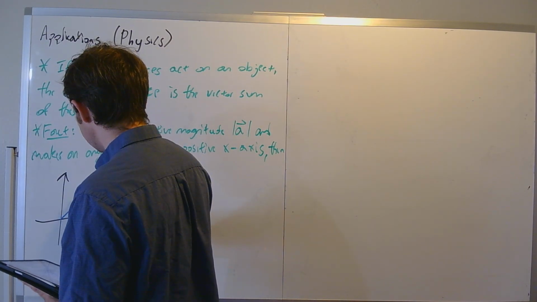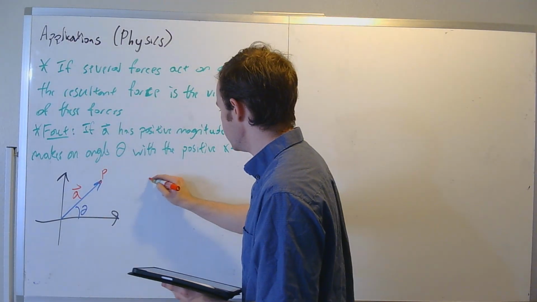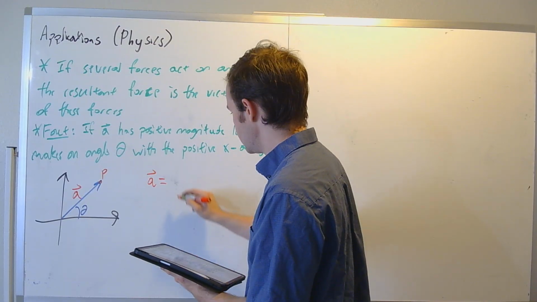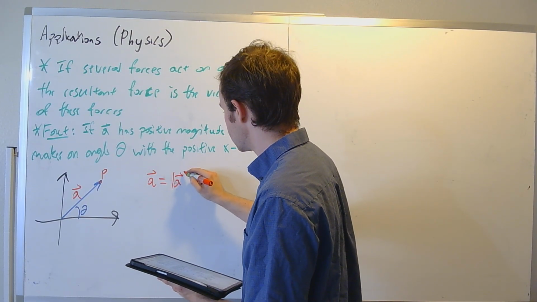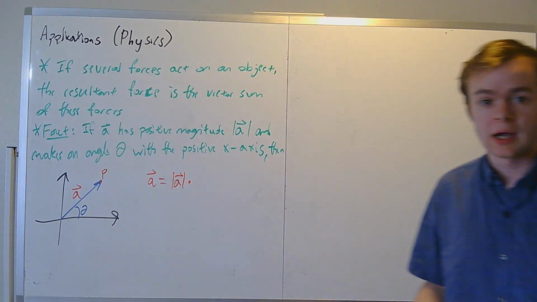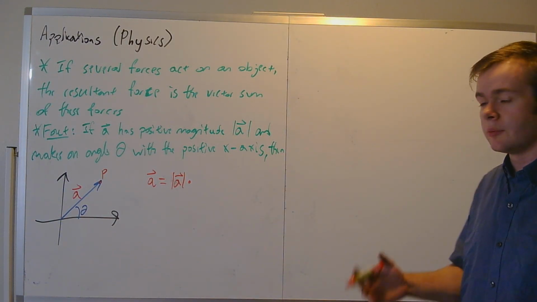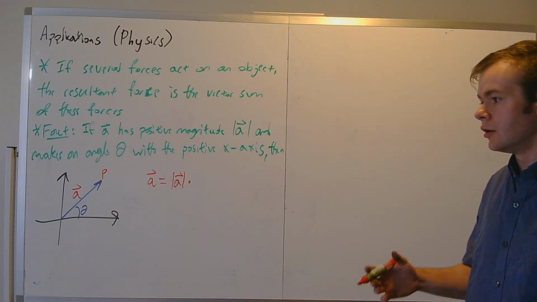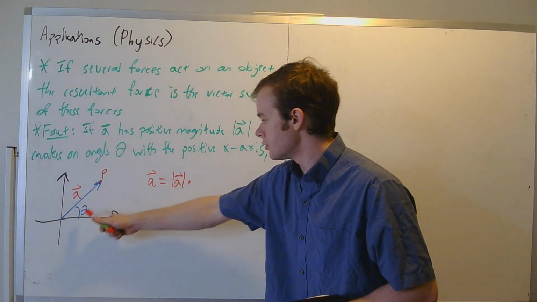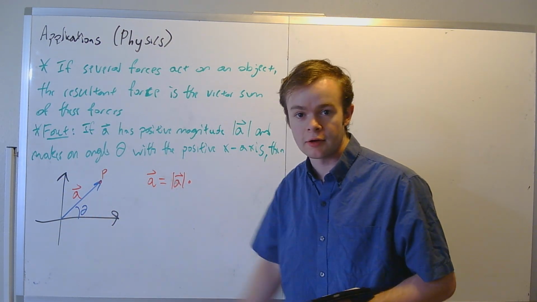Let's say that this point is P. Let's call the vector A. Then A is going to be equal to the magnitude of A times, so if we divide a vector by its magnitude, we said it lies on the unit circle, and if you remember from trigonometry, the x value on the unit circle of this point is going to be the cosine of this angle, and the y value of this point is the sine of this angle.